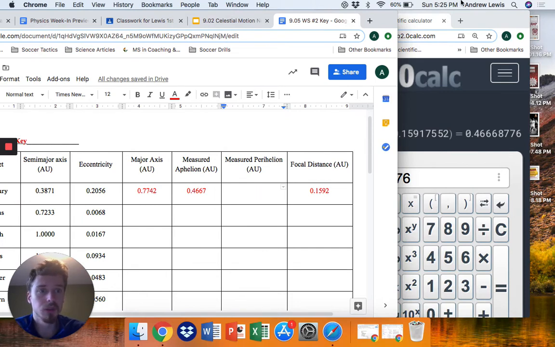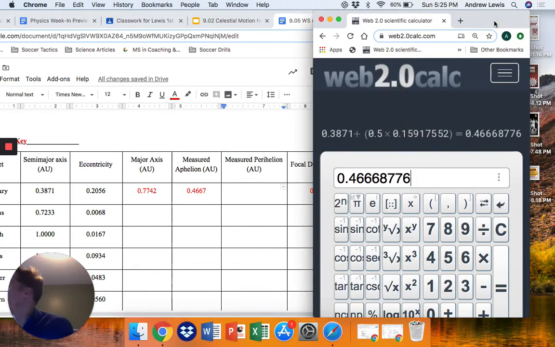If you look again at my picture, perihelion is the semi-major axis minus the center to the foci, so half of our focal distance. So I pretty much do the exact opposite of what I just did.